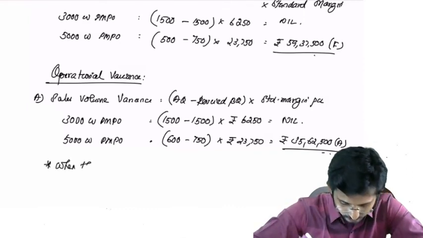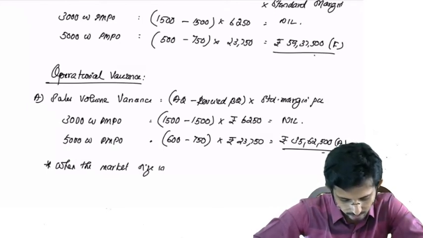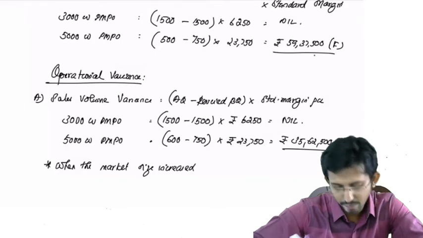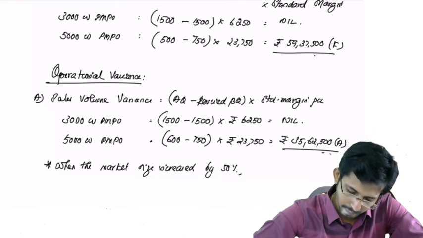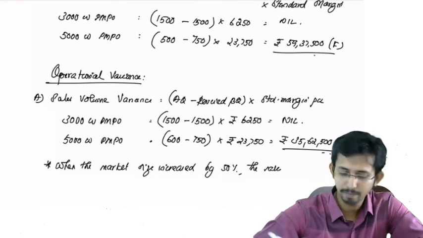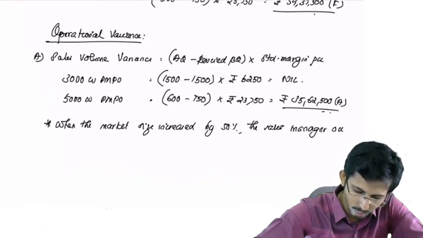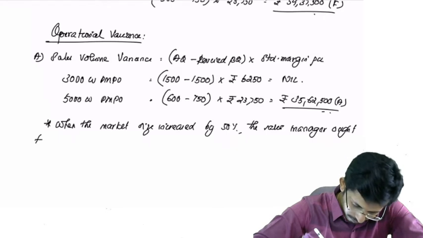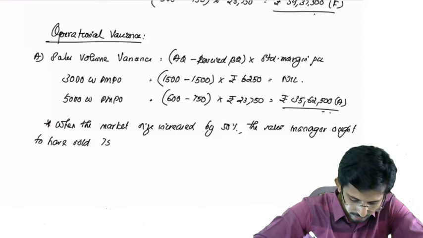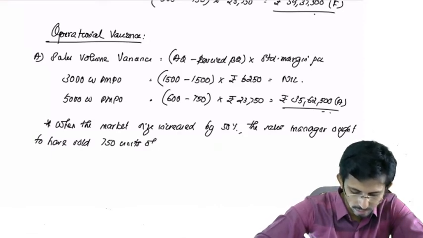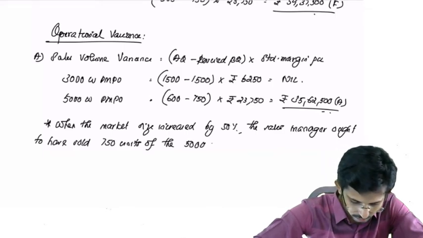When the market size increased by 50%, the sales manager ought to have sold 750 units of the 5000 watt model.